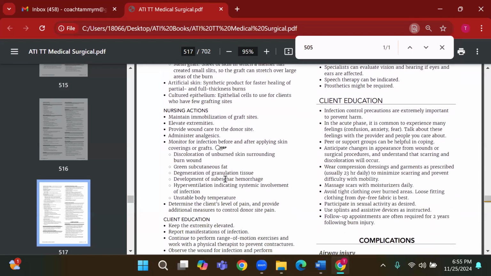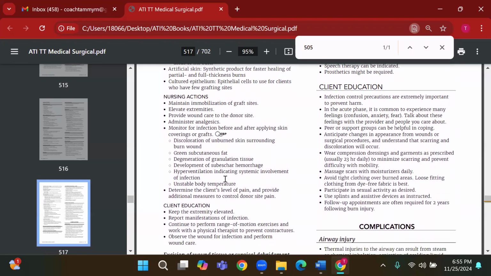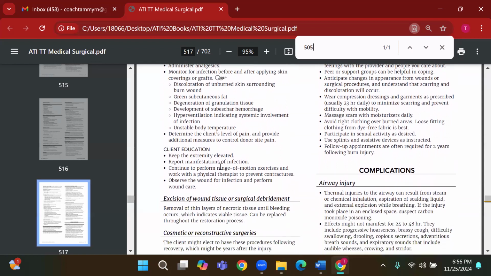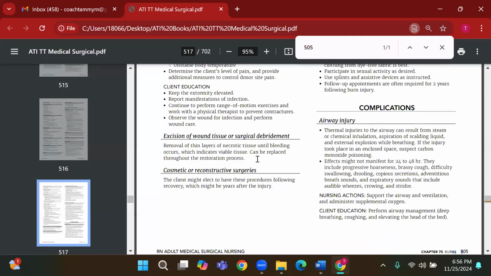Okay, let's see here. I'm looking at discoloration of unburned skin, green subcutaneous fat. It says keep the extremity elevated, report manifestations of infection, perform range of motion exercises, and observe the wound for infection. I really think they're going to talk about surgical debridement, removal of thin layers of necrotic tissue until bleeding occurs.